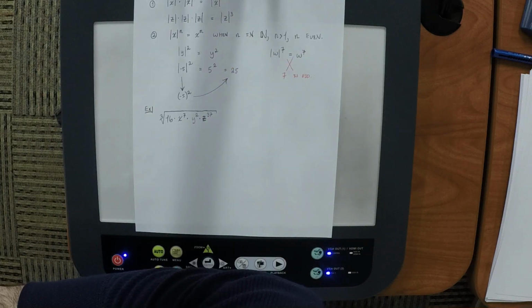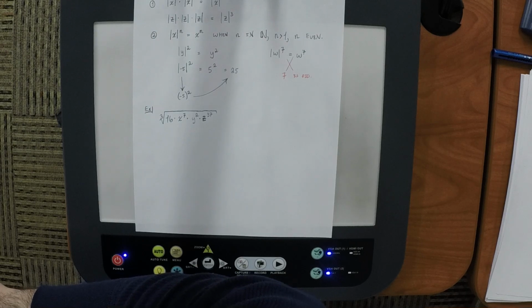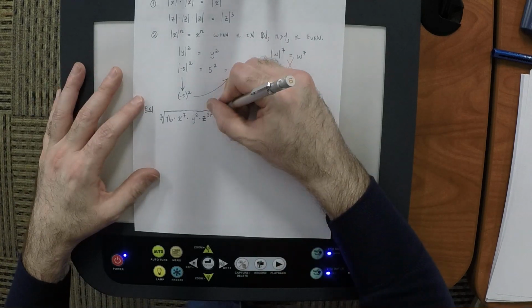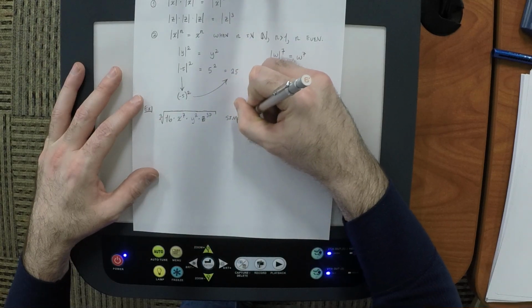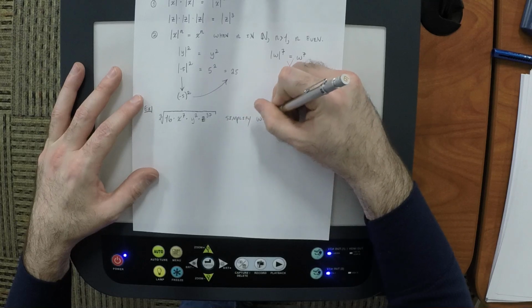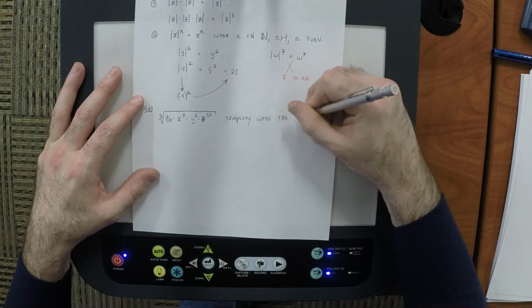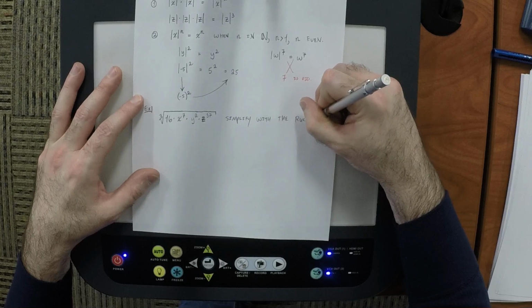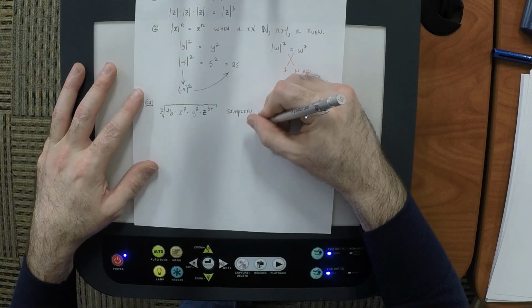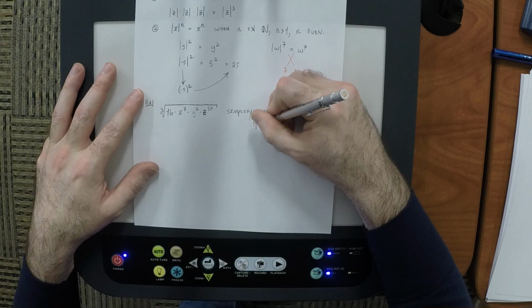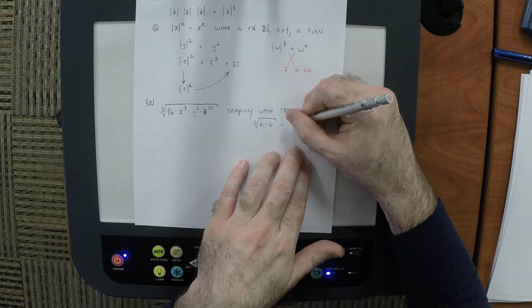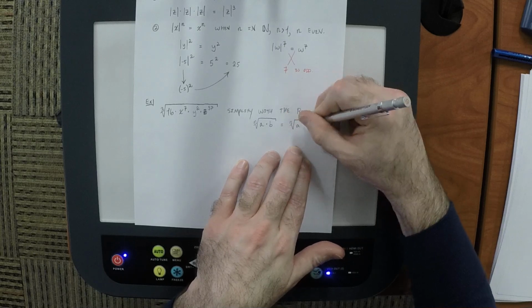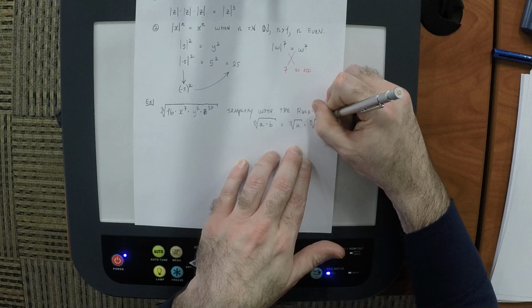Okay, so then what we want to do is simplify this. We want to simplify this with the following rule: that the nth root of a multiplied by b is nth root of a multiplied by nth root of b.